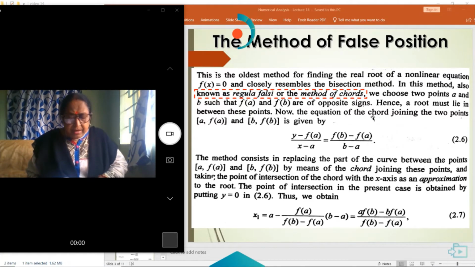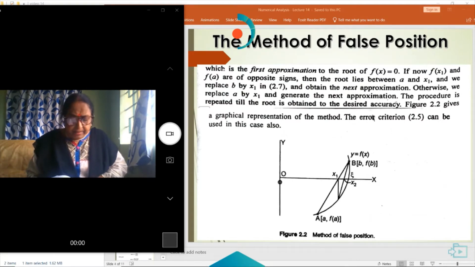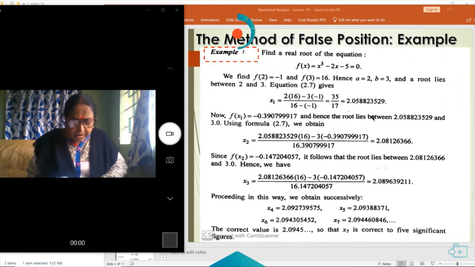Take one example. Find a root of the equation fx is equal to x cube minus 2x minus 5 is equal to 0. We find f2 is minus 1, that is negative, and f3 is 16.